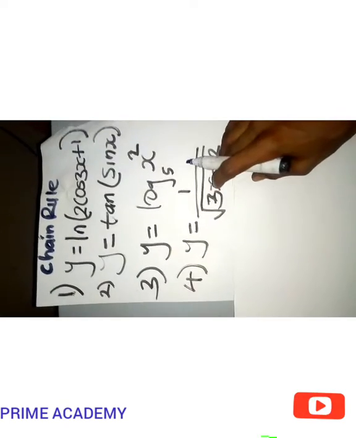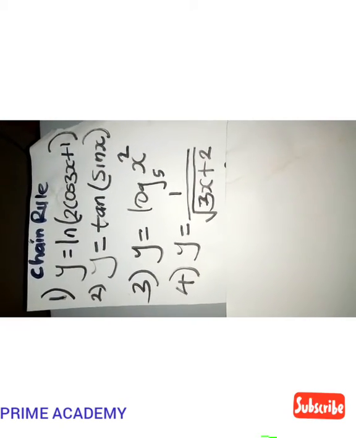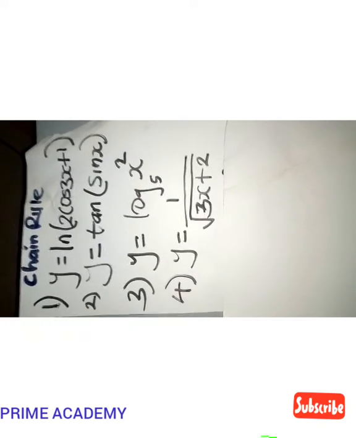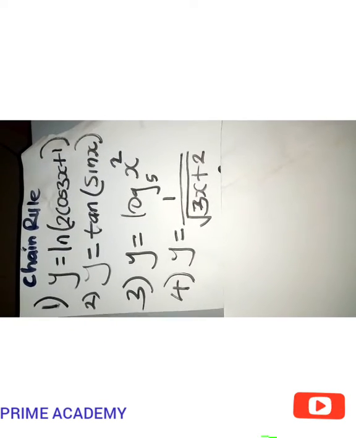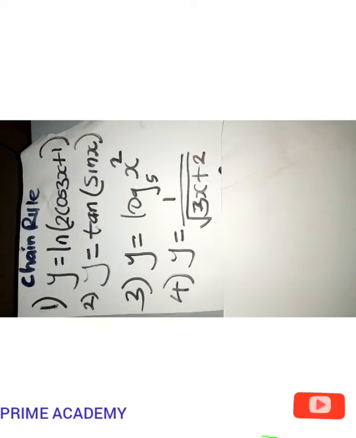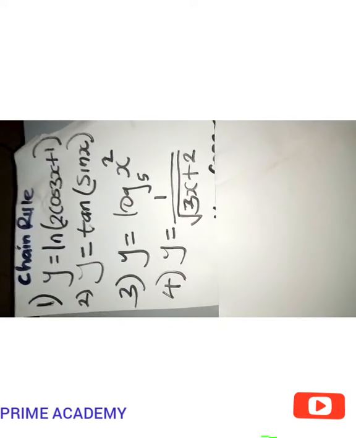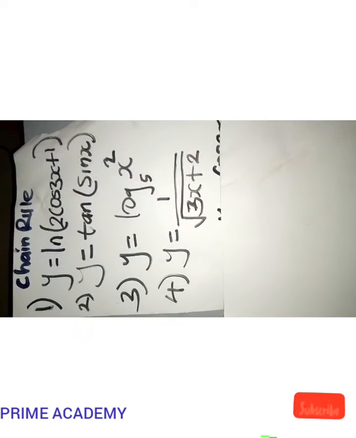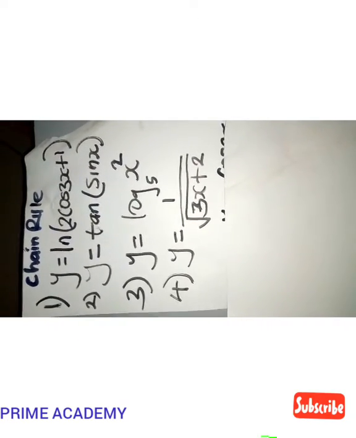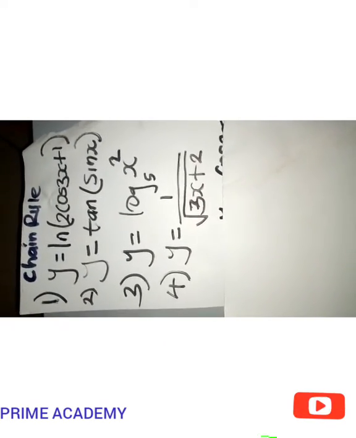If you remember what we did in our last video, we apply chain rule whenever you have a function of a function. For chain rule, you differentiate from the inside to the outside, that is to say, from the inner function to the outer function. You differentiate the inner function, differentiate the outer function, then you rewrite the inner function. That same exact thing is what we'll be doing here.